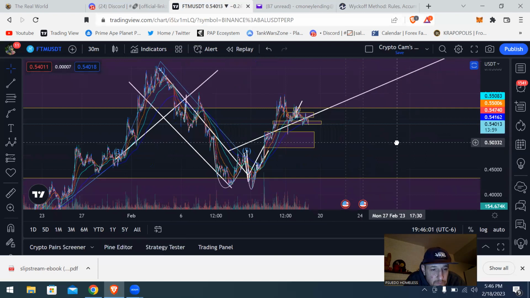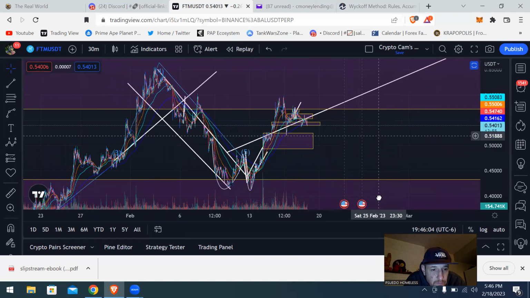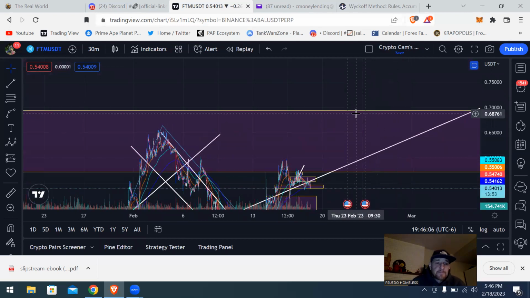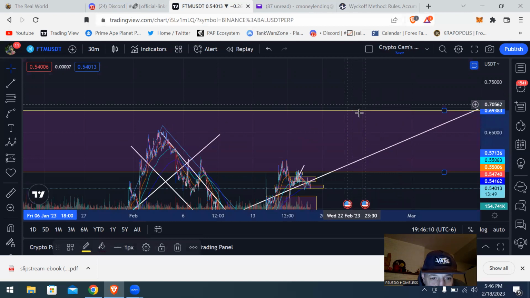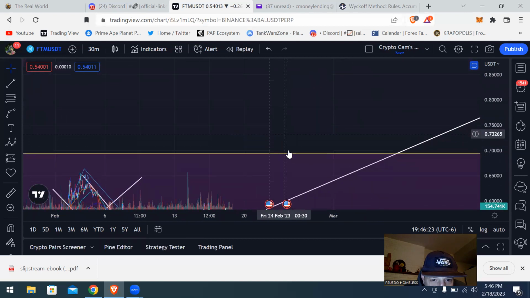But then I got this pattern right here, which is at 90 cents. You need Phantom to break this zone right here. If Phantom breaks up above this zone into this range right here, it needs to break 66 cents. If it breaks 66 cents, it's going to go to 90 cents.